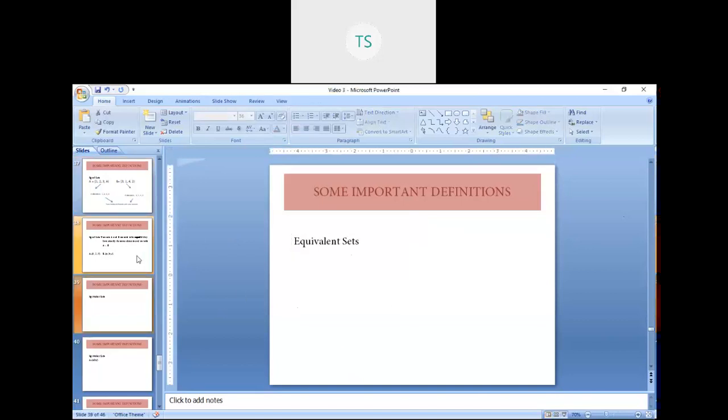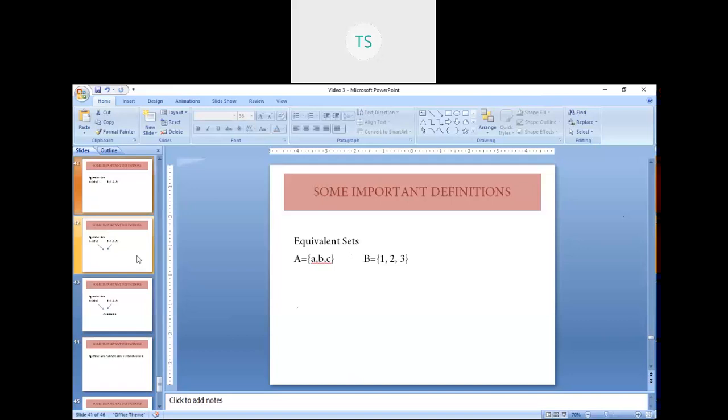So next is the equivalent set, the definition of an equivalent set. Suppose you have a set capital A whose elements are a, b and c, and you have another set capital B whose elements are 1, 2 and 3. Now tell me what do you notice from set A and set B?